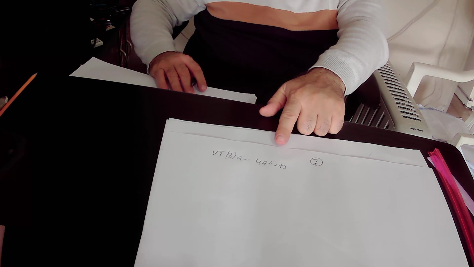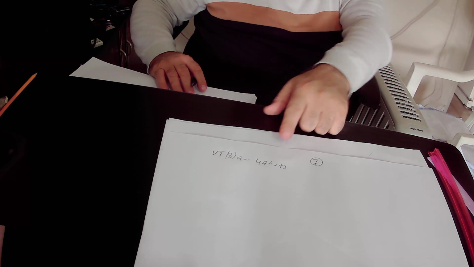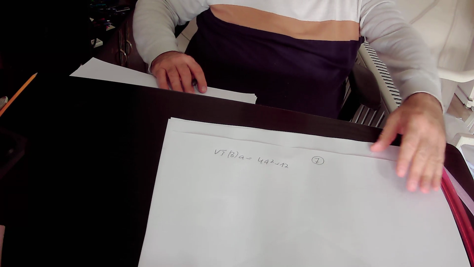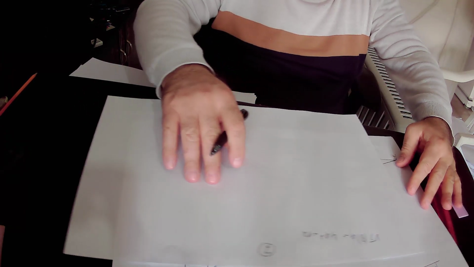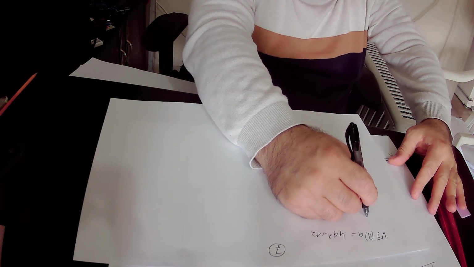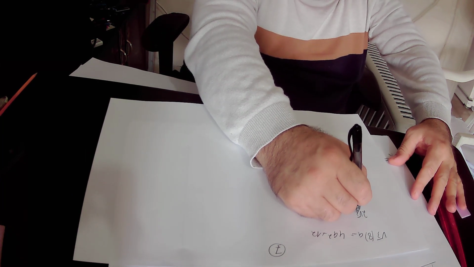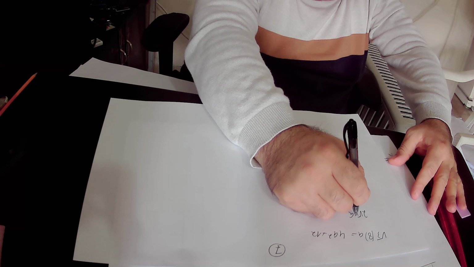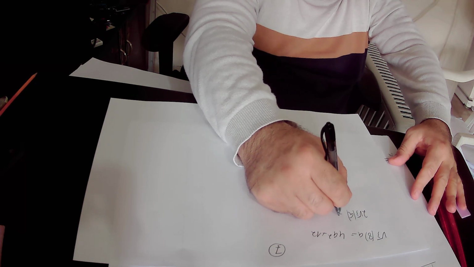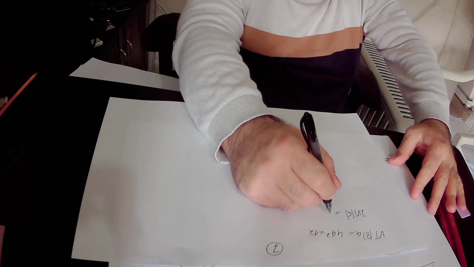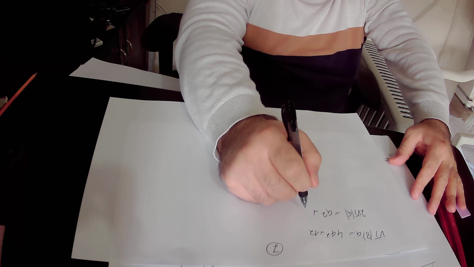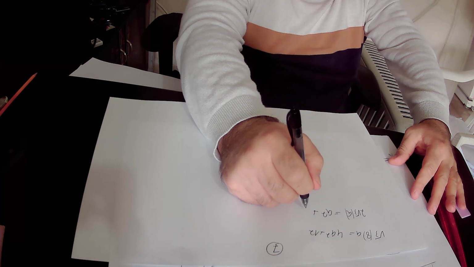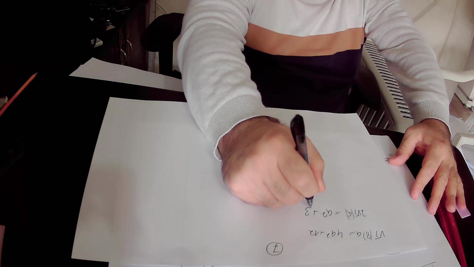We will divide this equation by 4, and we will get that 8 over 4 is 2. So here we get 2 times square root of 3 times a equals to 4 over 4 is 1, so it is a squared plus 12 over 4 is 3.